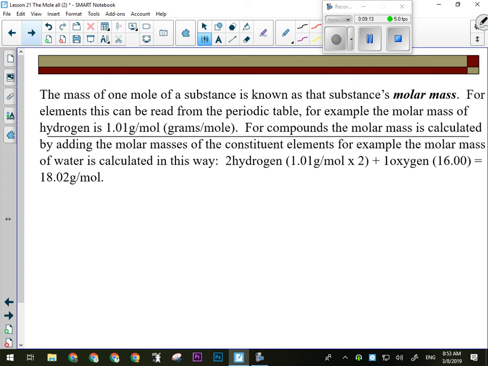So if I'm looking at water, for example, water is H2O. 2 hydrogens, 1 oxygen, right? So if I want to find the molar mass of that, I take the molar mass of hydrogen, 1.01. How many hydrogens are there? Multiply it by 2. And add that to the molar mass of oxygen, 16.